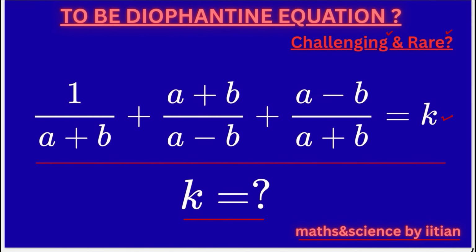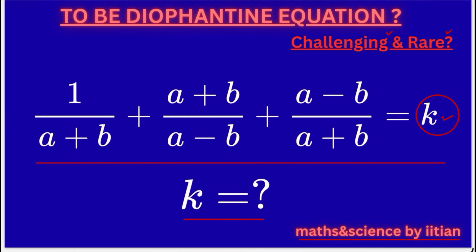It's a very rare and challenging question in Diophantine equations, and also it involves the concepts of minimal solution, and we will introduce many concepts in this, and the value of k is found to be surprisingly an integer value, positive integer value.